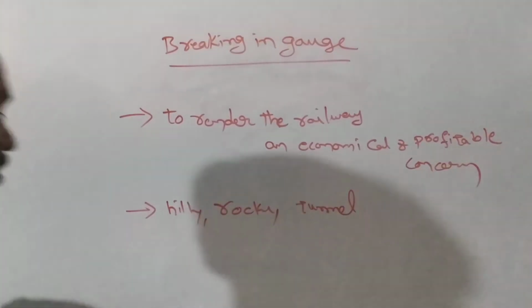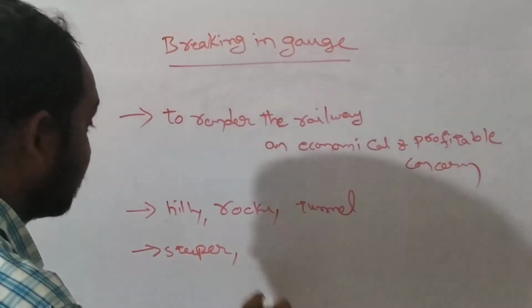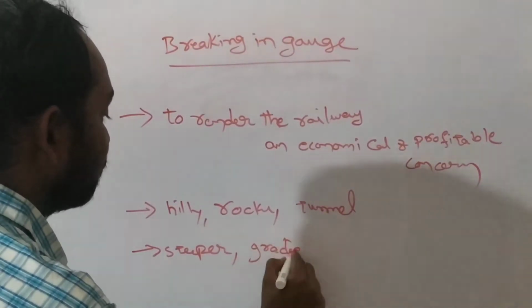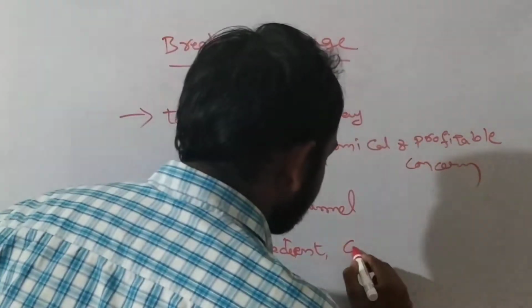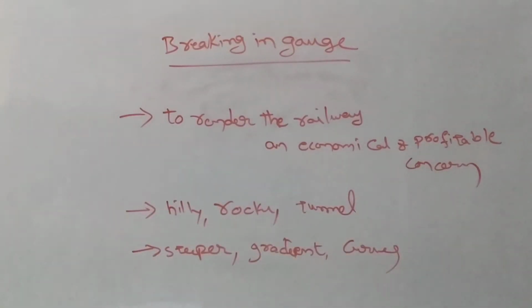And wherever we need to provide a steep gradient, or change the direction of the railway route, we can provide a curve. Under all these circumstances, breaking in gauge may be useful.